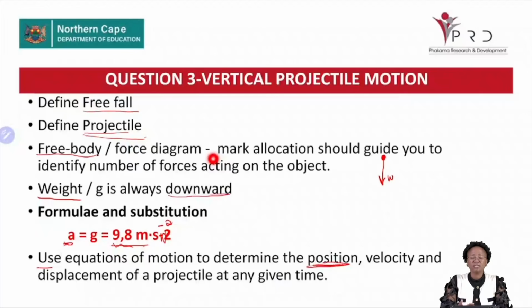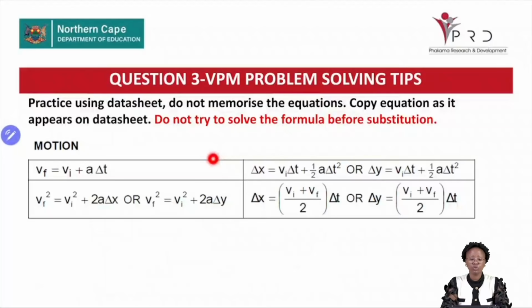So position and displacement, they are vector quantities. They must have magnitude and direction. Velocity is a vector quantity, magnitude and direction. And then over here, displacement, I've already said, is a vector quantity. It must have magnitude and what? And direction. And then time, remember, it is a scalar quantity. It does not have what? Direction. Very much important to do that.